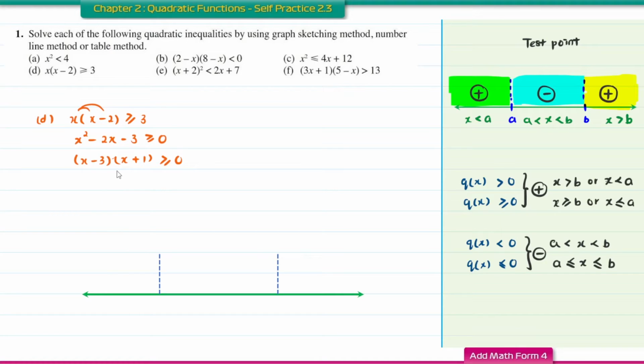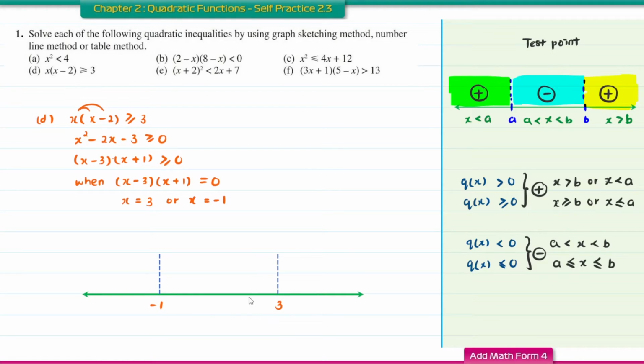So to find the roots, we're going to let this quadratic inequality equal to 0. So when x minus 3, x plus 1 equals 0, x is equal to 3 or x is equal to -1.